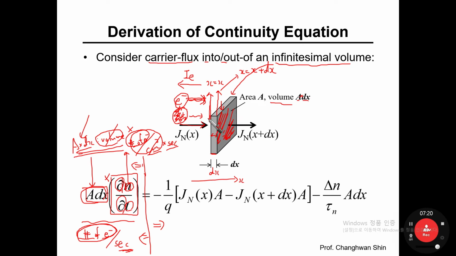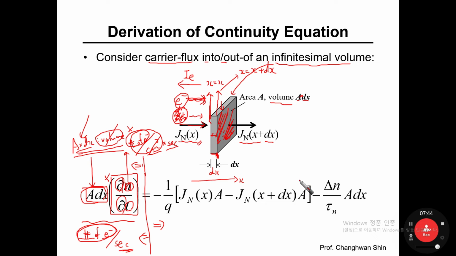So the left edge is x, and the right edge is x plus dx. Then the current value at x is defined as Jn of x, and the current value at the right edge is Jn of x plus dx.